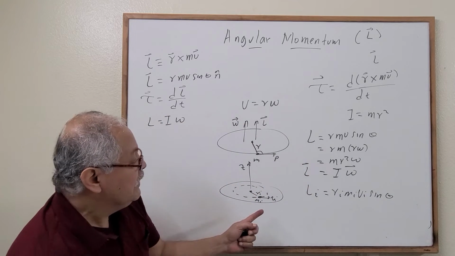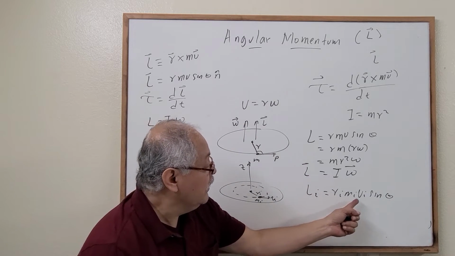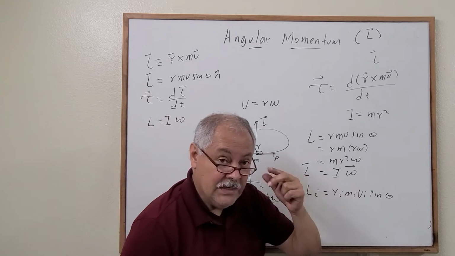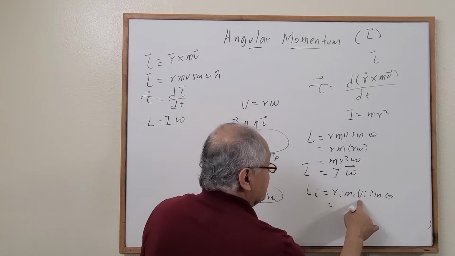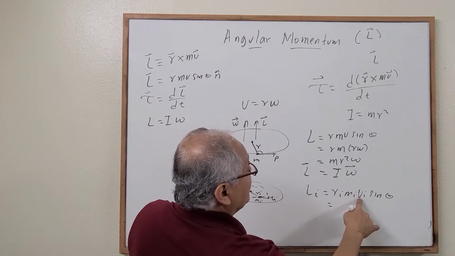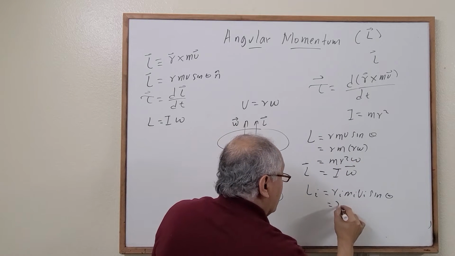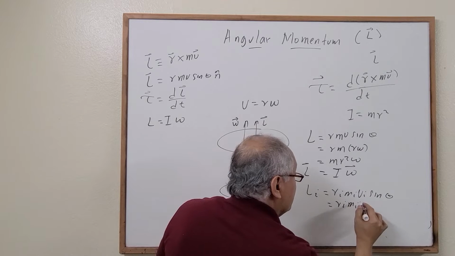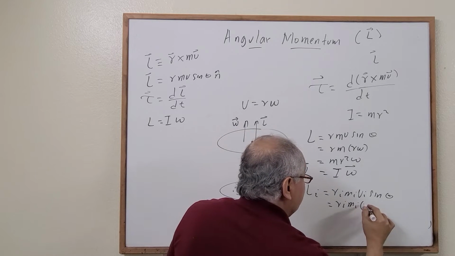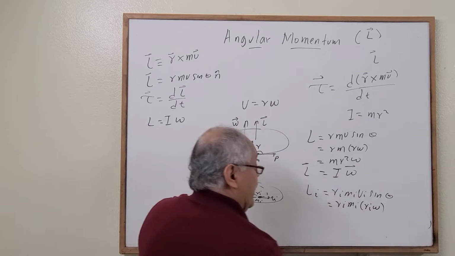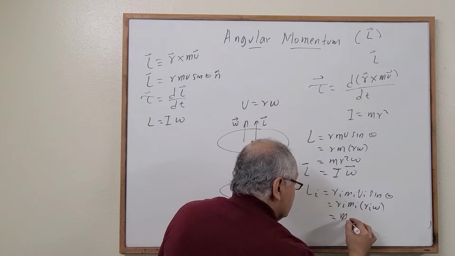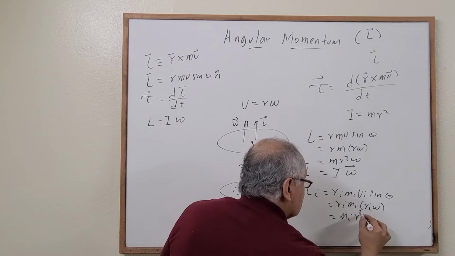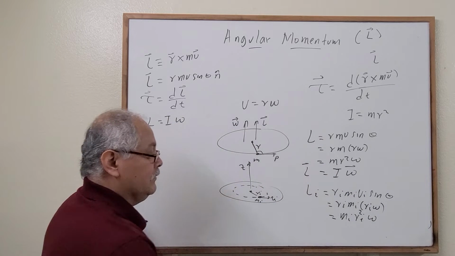But one more time, the angle between r and v is 90 degrees, so sine 90 is 1. Let's substitute the value of v as we did before. It's going to be r sub i, m sub i, times r sub i times omega. Correct? And this is m sub i, r sub i squared times omega.